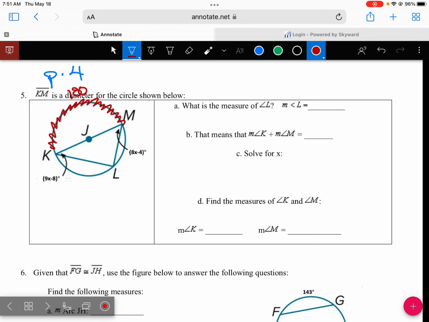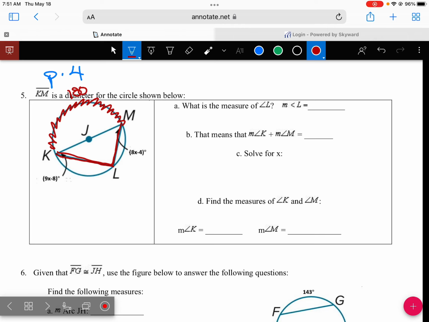And if I look at this as angle L, what kind of an angle is that? More than a right angle, it's an inscribed angle, right?